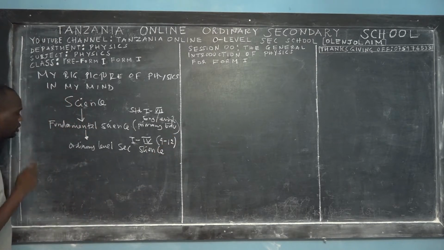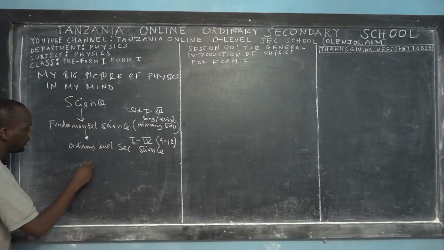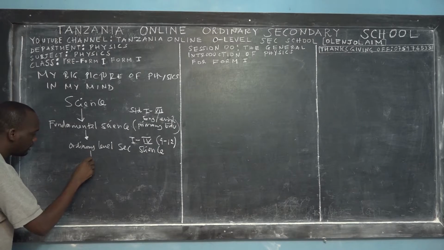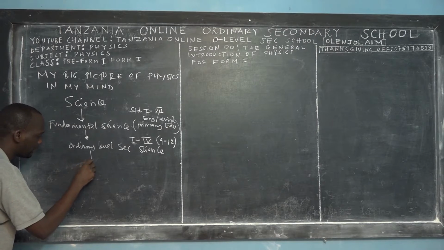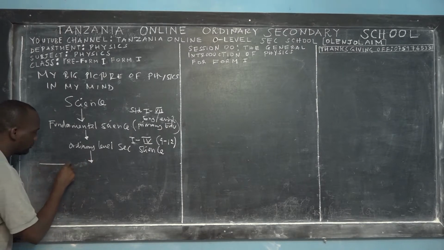So in ordinary level, this is 4 years of education. We have again the subject of science divided into 3 branches. So let me draw it.